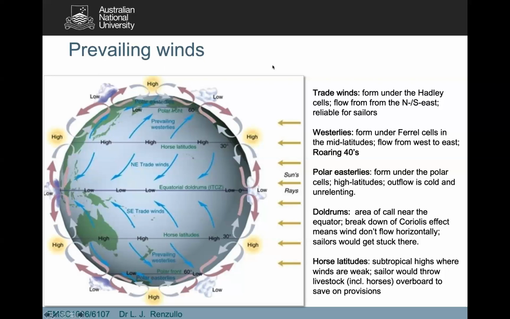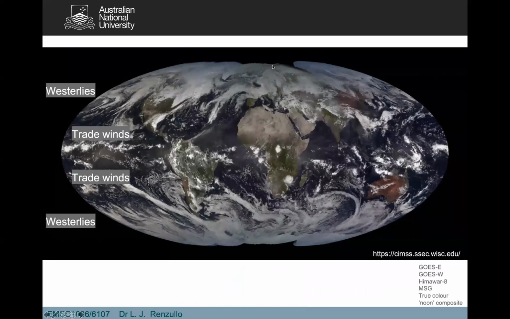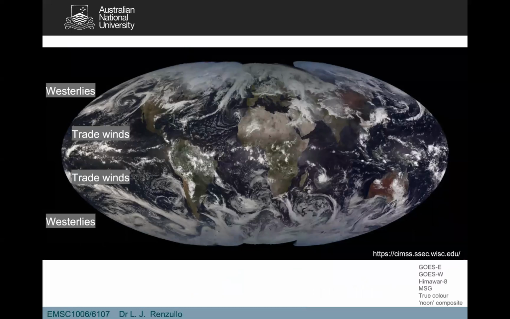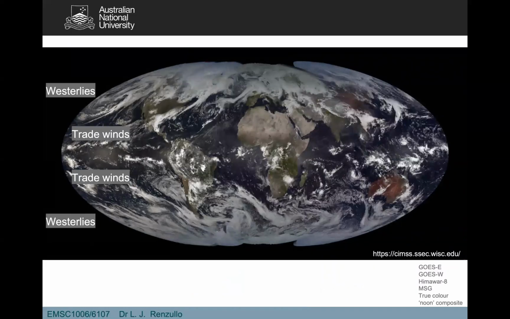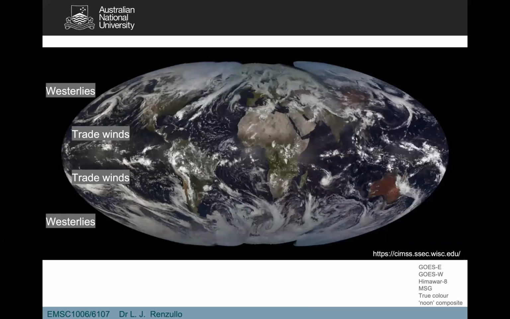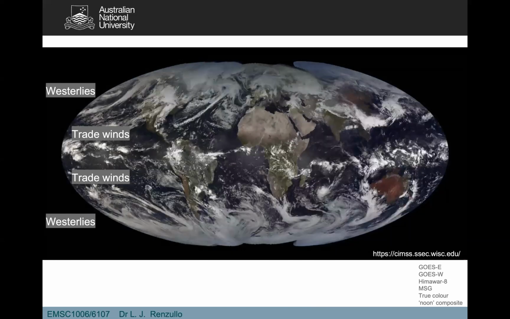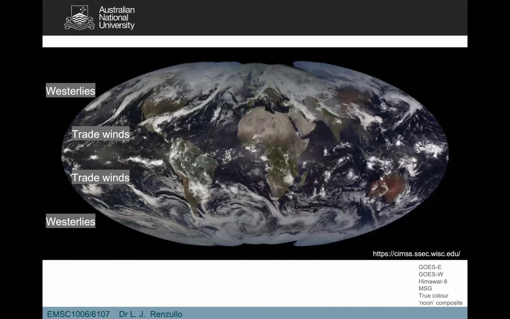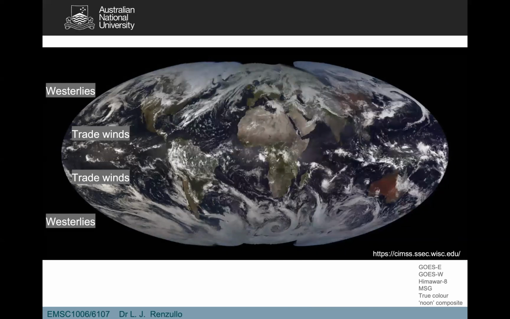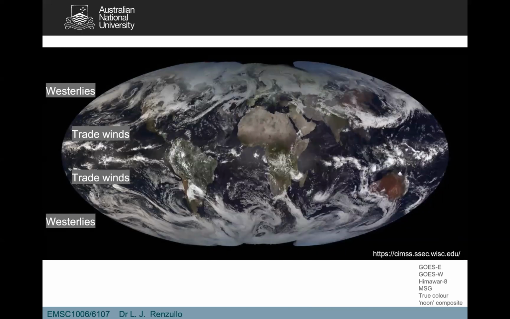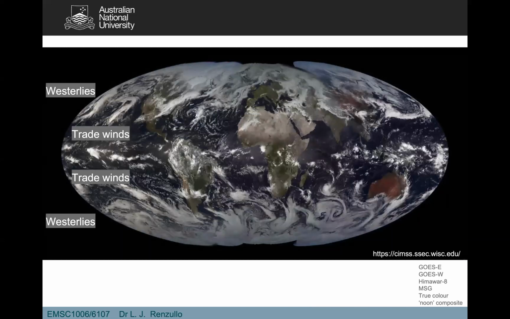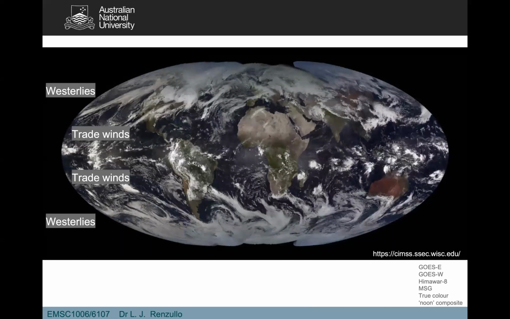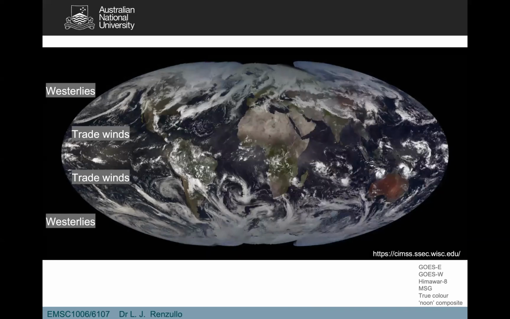And when we look at these things in real life, here we have a sequence of daily imagery acquired by the four geostationary satellites, that is, permanently fixed over the same position of the Earth, covering the whole globe. We see these winds in effect. So the westerlies between 30 and 60 degrees in latitude are very fast moving.